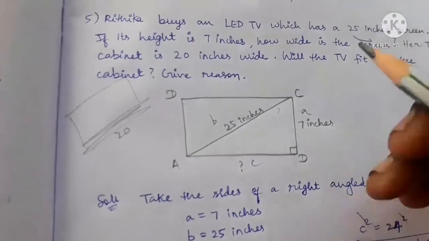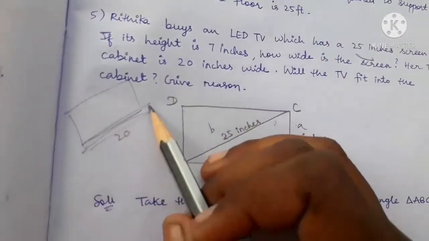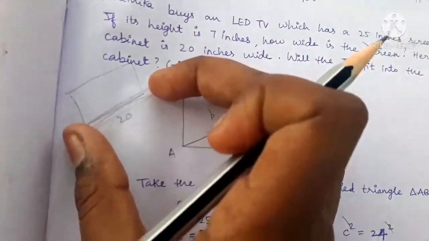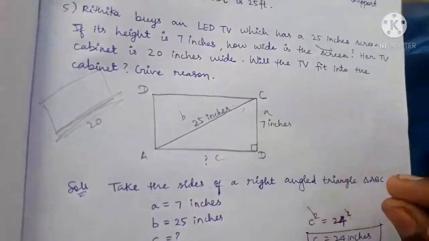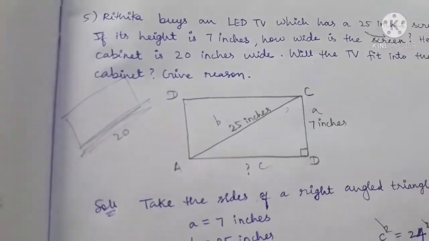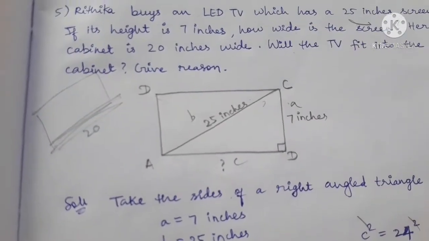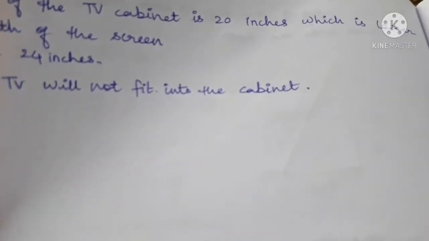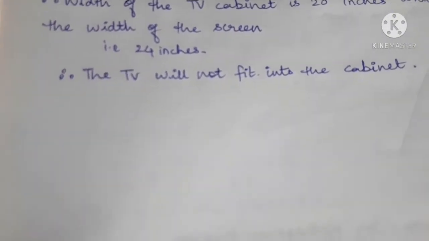Now, they are asking another question, right? Will the TV fit into the cabinet? This is 20 only, but the width is 24. How can this be possible? Can a bigger object be pushed inside a smaller space? No, that is not possible, right? So, we'll give the answer as: the width of the TV cabinet is 20 inches, which is less than the width of the screen, which is 24 inches.